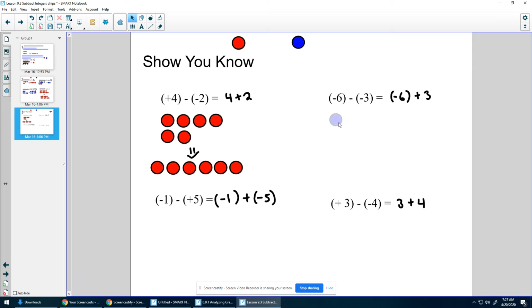Over here, we start with negative 6. And we're going to add 3.